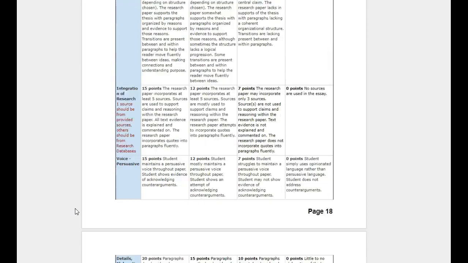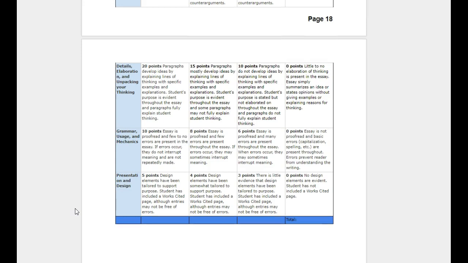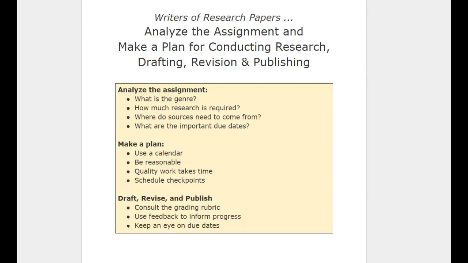Consulting these grading rubrics will help you establish the specific requirements for your work. Keep these guidelines in mind as you analyze your research paper assignment and you make your personal plan for conducting your research, drafting, revising your paper, and publishing.